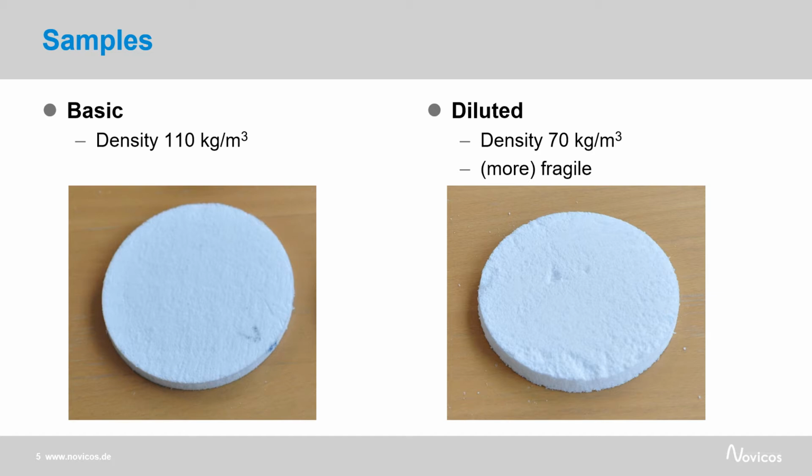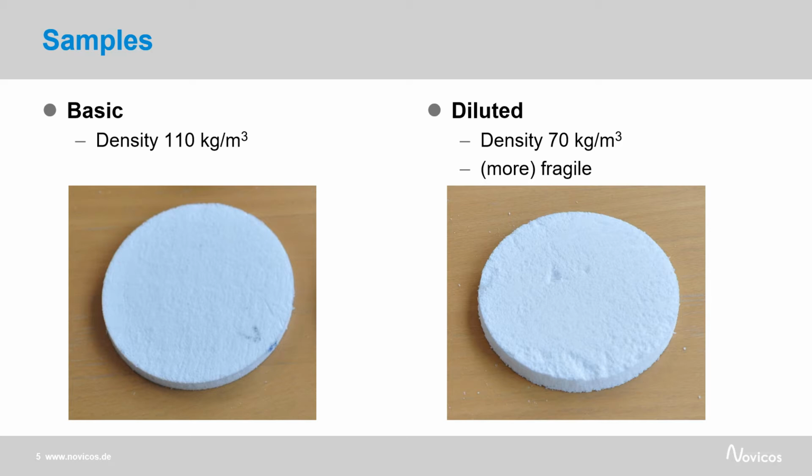A reduction of the amount of alkoxides leads to the second sample on the right side, in the following called diluted. It has a density of only 70 grams per cubic meter. Just by eye, they look the same. But if you touch it, you will realize that the diluted one is a little more fragile than basic.